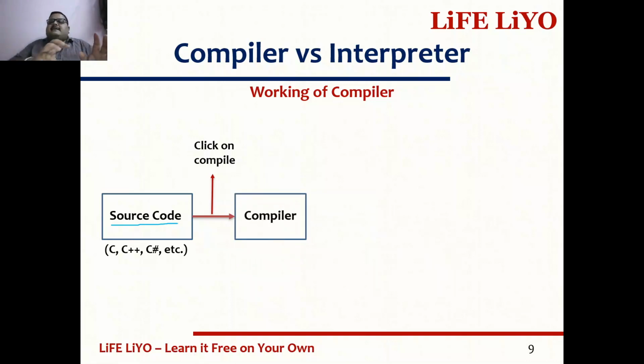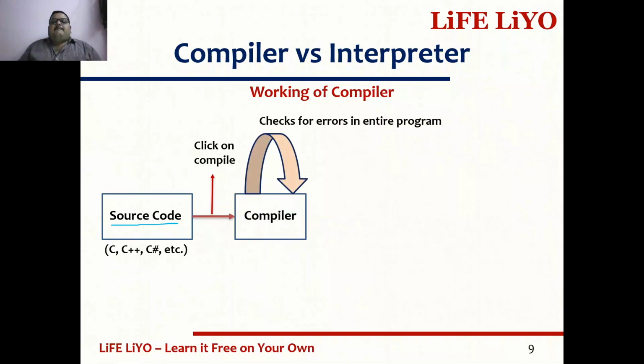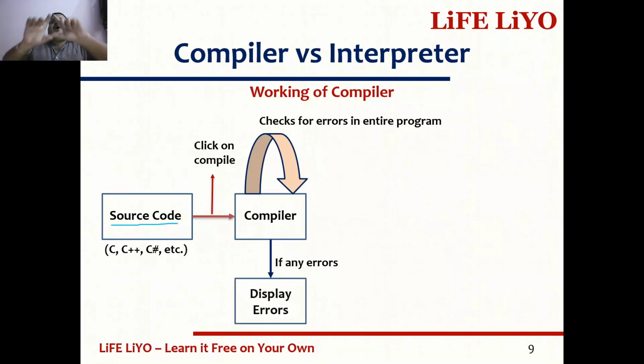Now, it reaches the compiler. What does the compiler do? The compiler checks for errors in the entire program. That is, each and every error is taken into a particular memory, and it stores all the errors at once. If any errors are there, all the errors will be displayed.